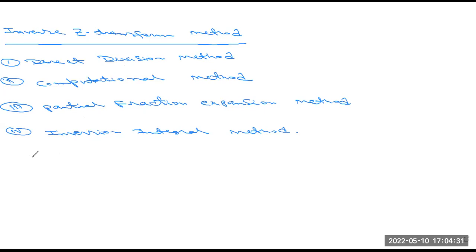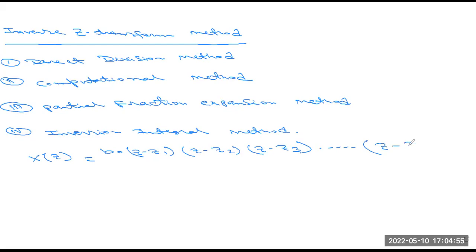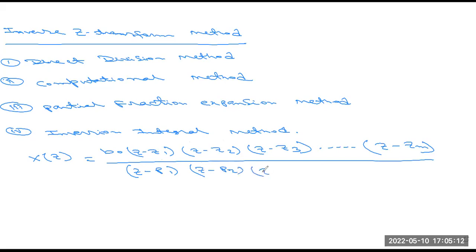Last class we discussed a function in pole-zero form: X(z) = b0 (z - z1)(z - z2)(z - z3) ... (z - zm) over (z - p1)(z - p2)(z - p3) ... (z - pn).